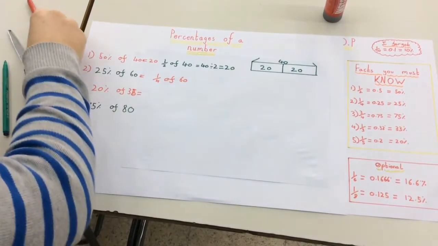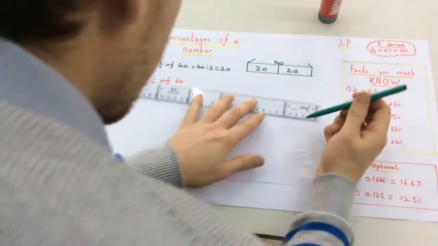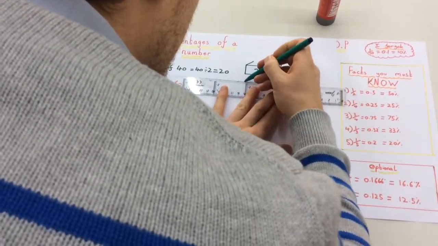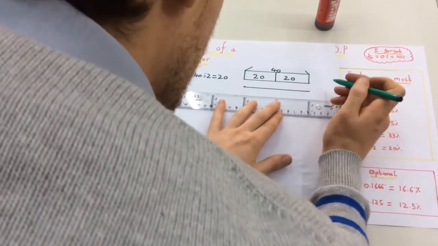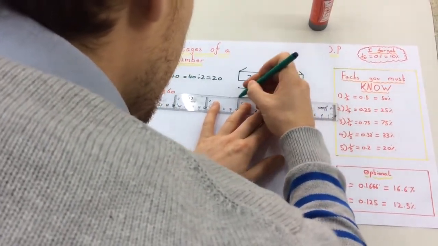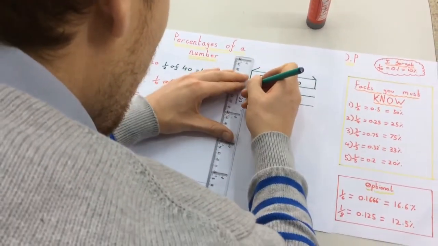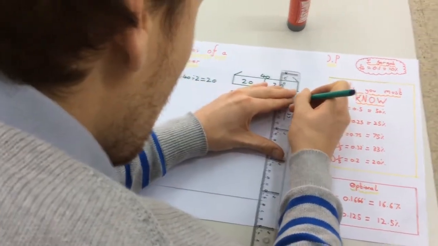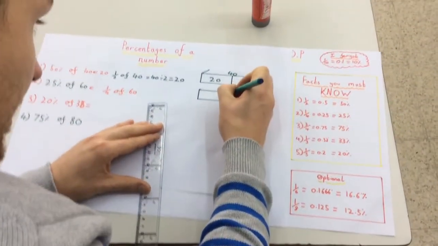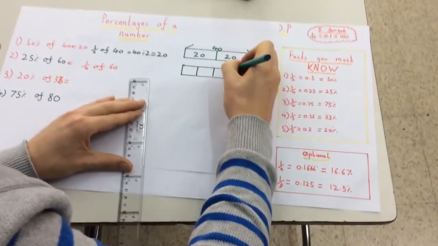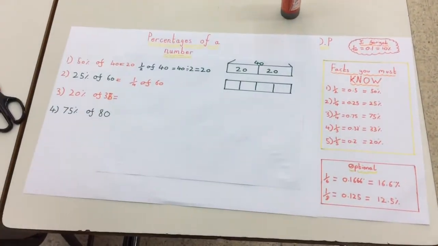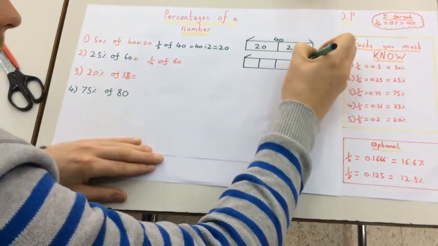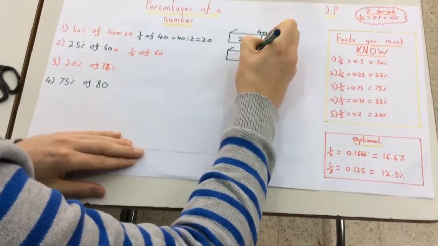So I have to draw the bar for this. Because I want 1/4, I need to divide it into 4 equal parts. So I can half and half again. My whole is 60.